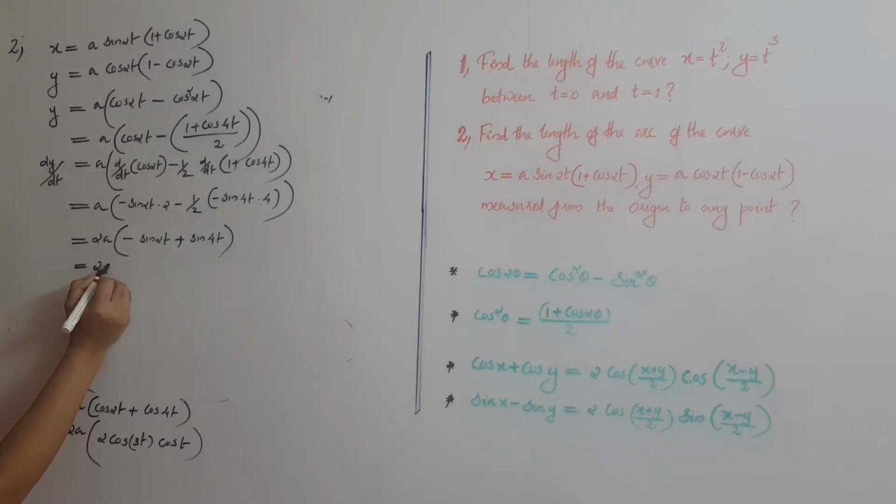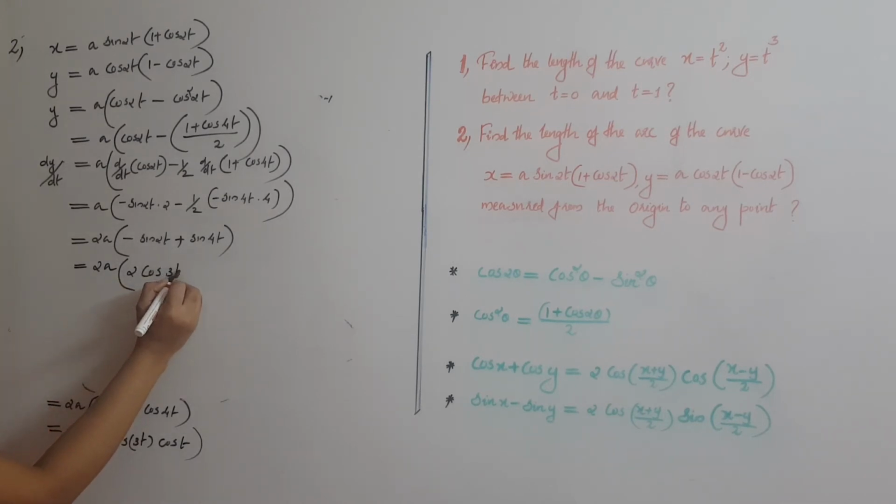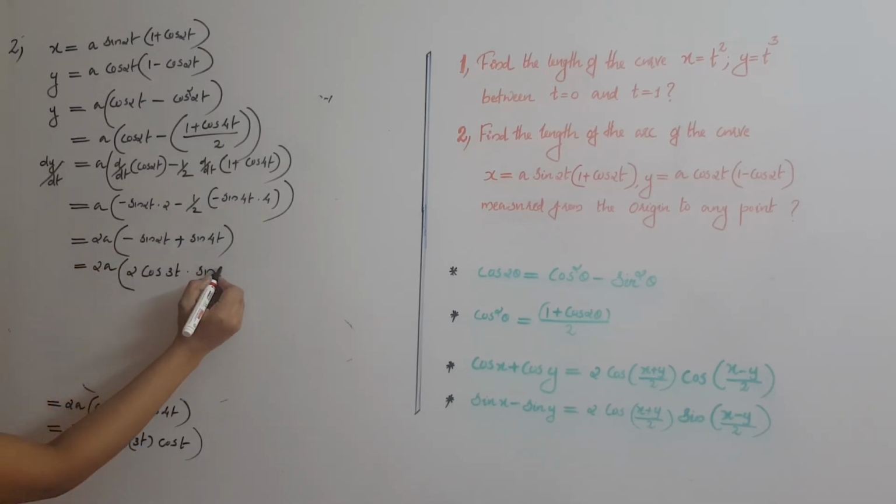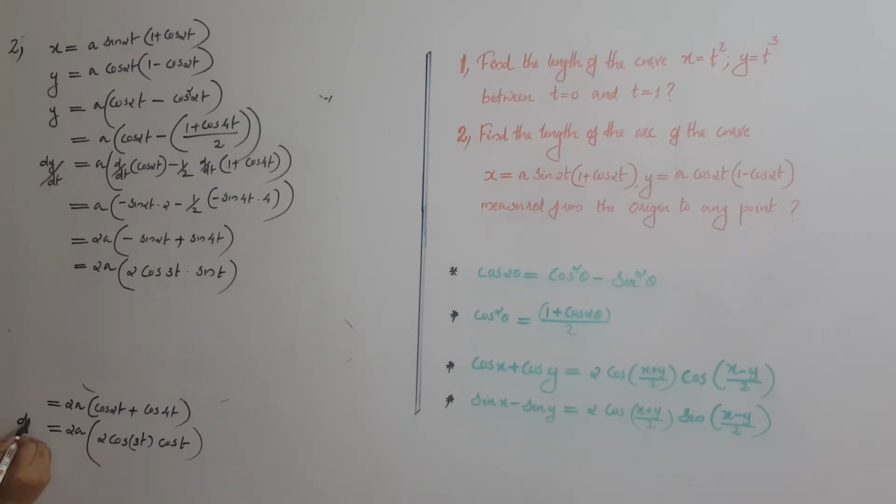That is 2a into 2 cos 3t into sin (4t minus 2t) by 2, that is sin t.